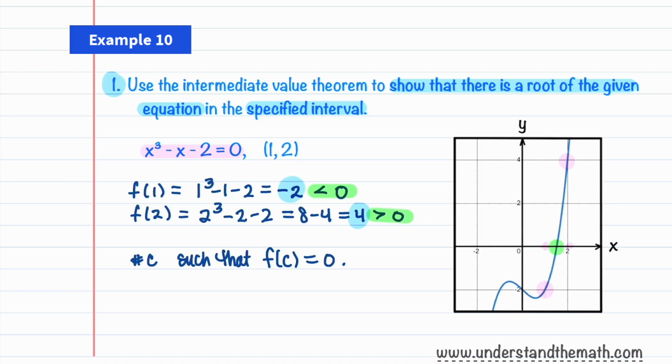So by showing that f of 1 is less than 0 and f of 2 is greater than 0, we've basically shown that the intermediate value theorem will guarantee that we have a root between 1 and 2.